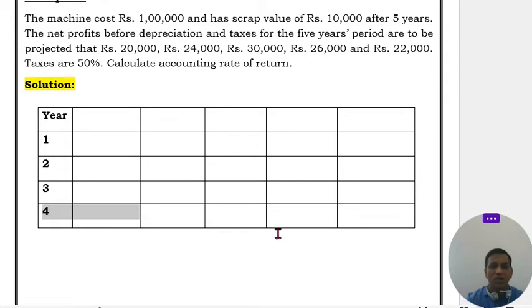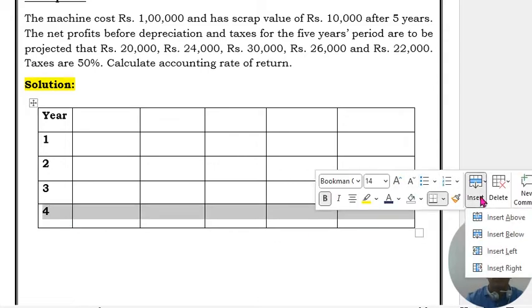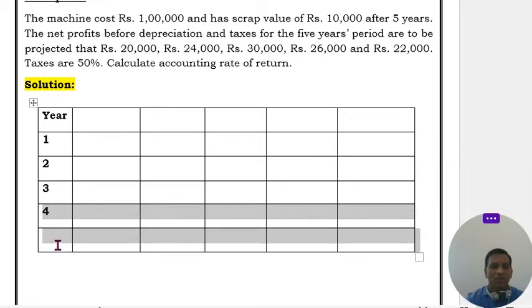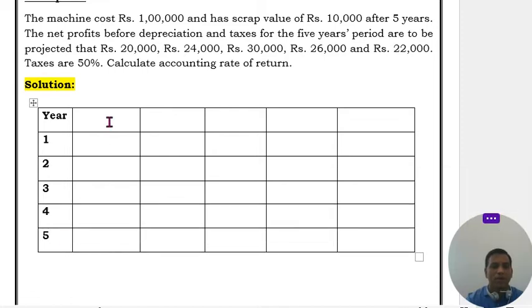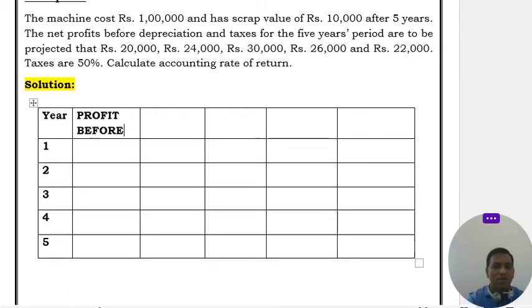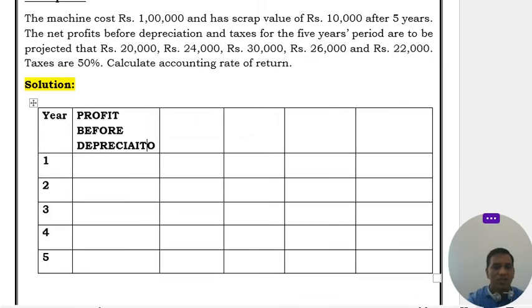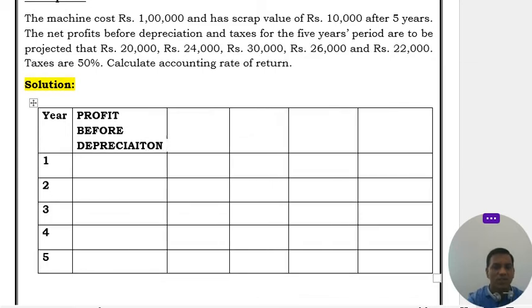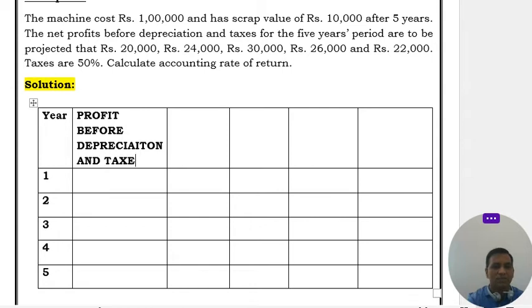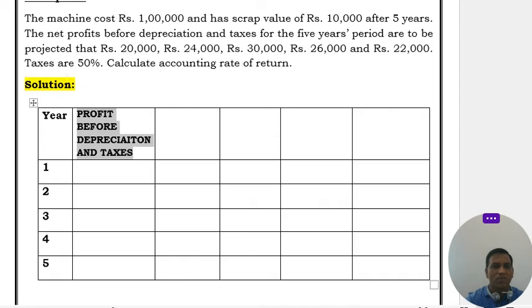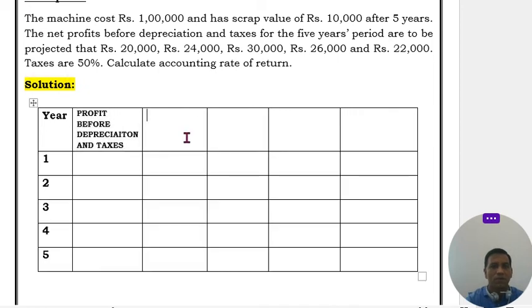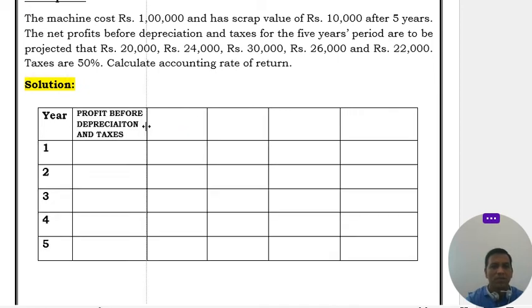So one more row, I will insert one more row below. And these are the values given in the question. Profit before depreciation and taxes is given.